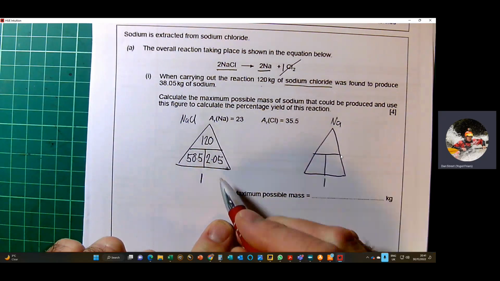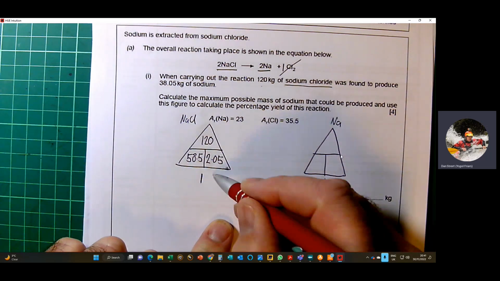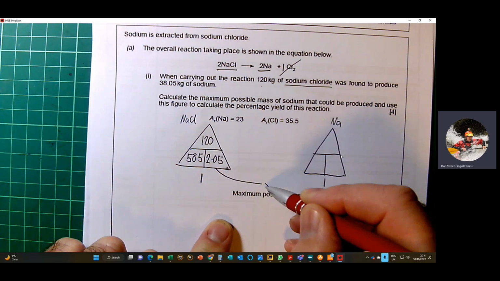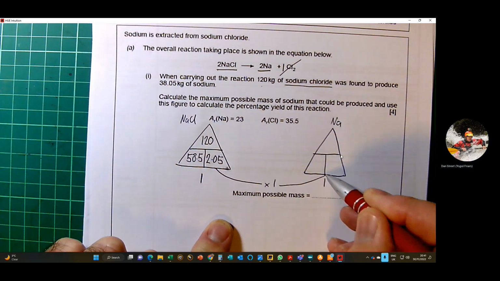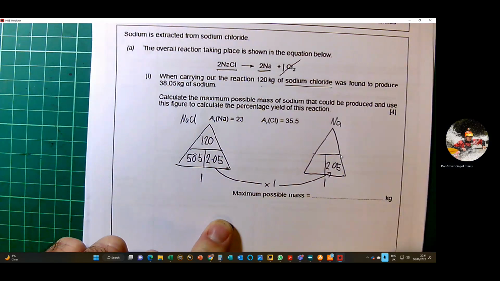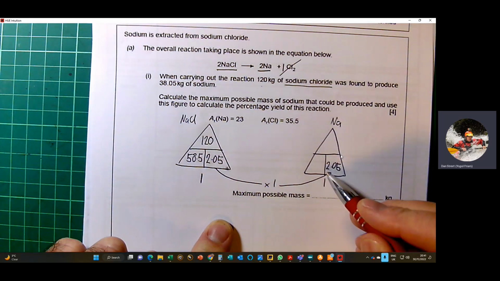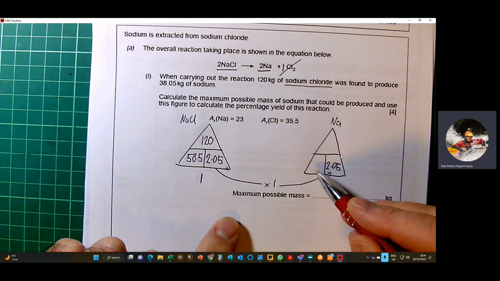At this point, we can now transfer information from this side over to this side. We know it's a 1-to-1 ratio, so we don't really need to write it, but we'll put the 1 in there, and that comes up there. So that means that we're going to be making 2.05 moles of sodium. In order to work out the mass of sodium produced, we need to know the AR or the MR. It's AR in this case because it's an element rather than a compound.